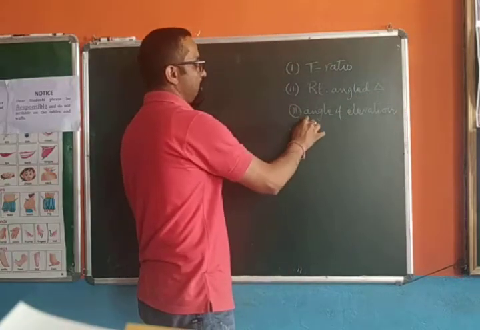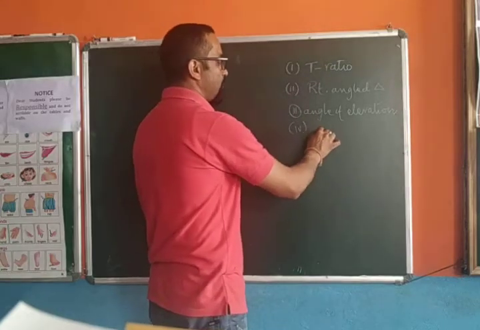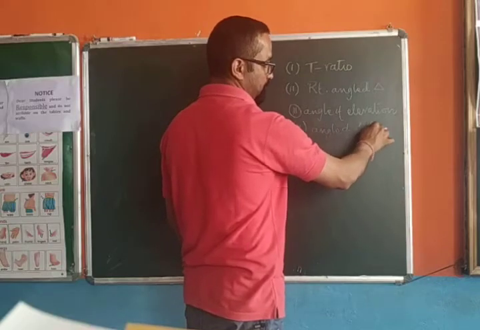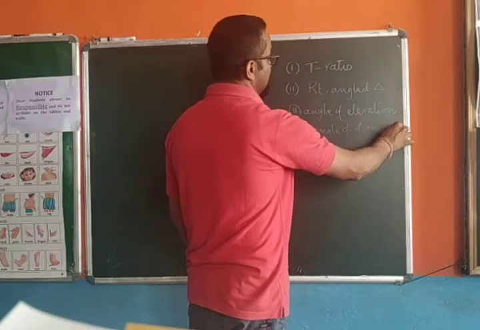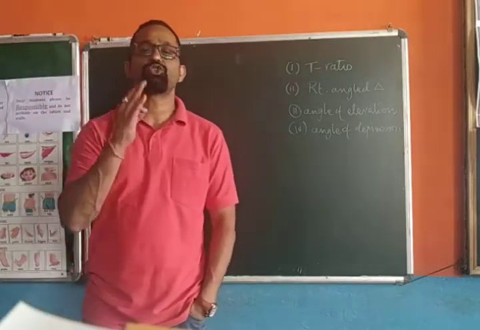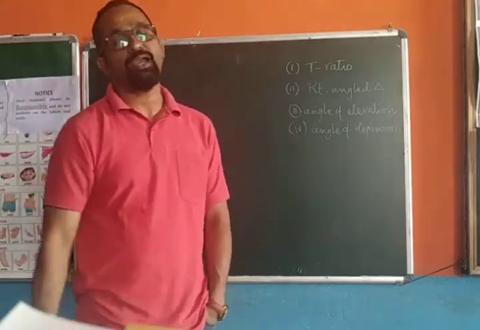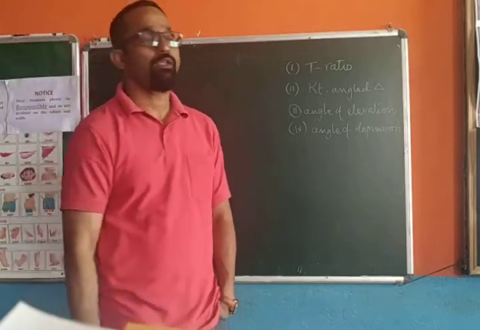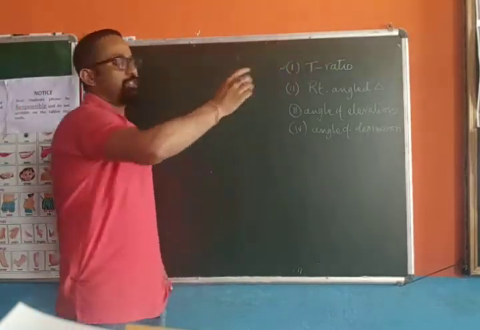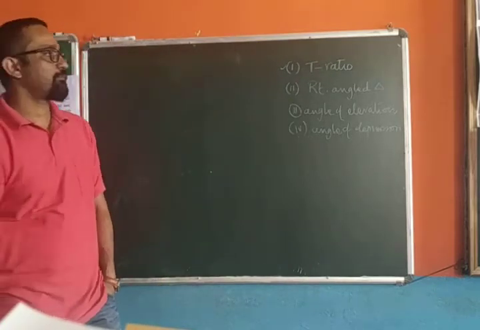Fourth one is angle of depression. These are four terms you'll be needing to solve sums from height and distance. Let's discuss each term individually.